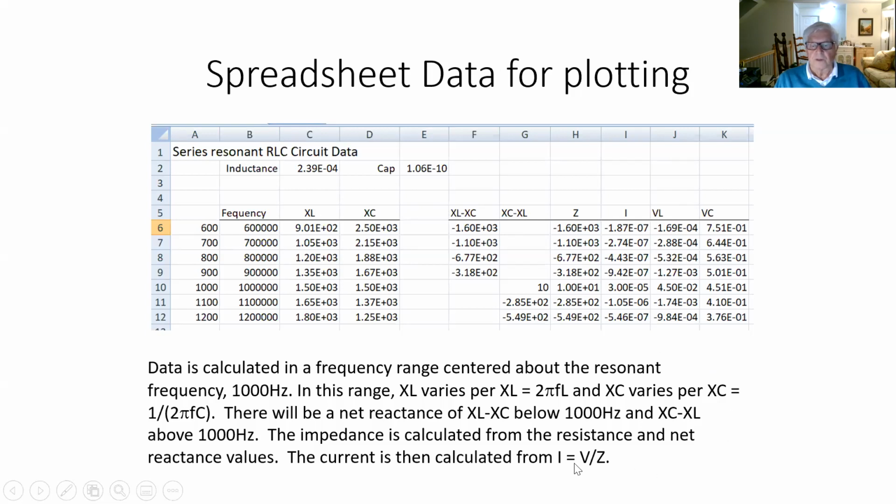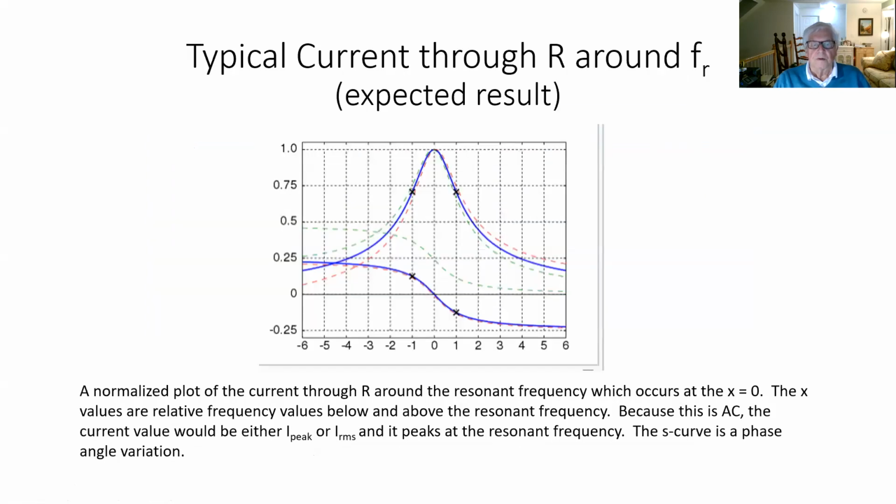So here we go. Current is equal to voltage divided by impedance, XL is equal to 2 pi fL, and XC is 1 over 2 pi fC. We use these values above and below the resonant frequency, and we expect to get a peak value.